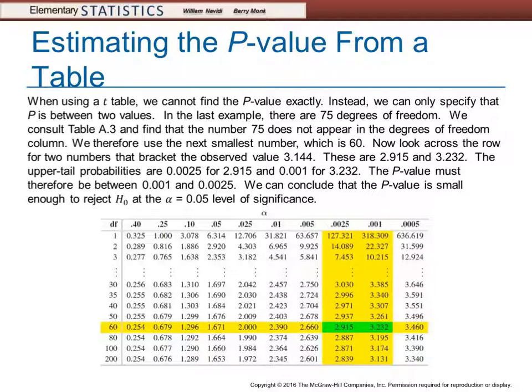The upper tail probabilities are 0.0025 for 2.915 and 0.001 for 3.232. The p-value must therefore be between 0.001 and 0.0025. We can conclude that the p-value is small enough to reject H0 at the significance level 5%.